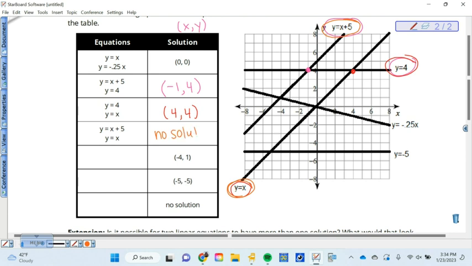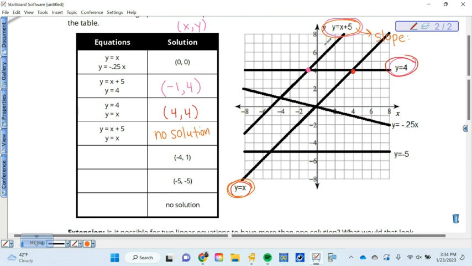And tell me this. So y equals x plus 5. What is the slope of this line? What's the slope of y equals x plus 5? What's the slope of this equation?